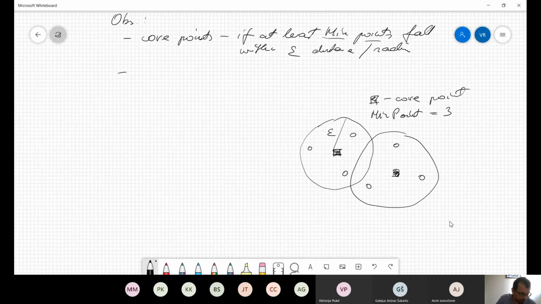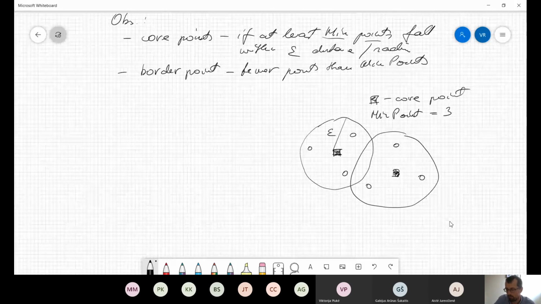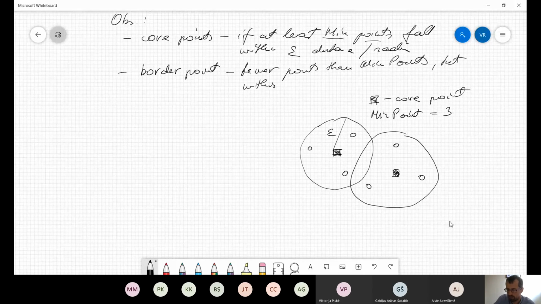Okay, then the border points are the ones that have fewer than min points within epsilon, but lie within epsilon of a core point itself, right?